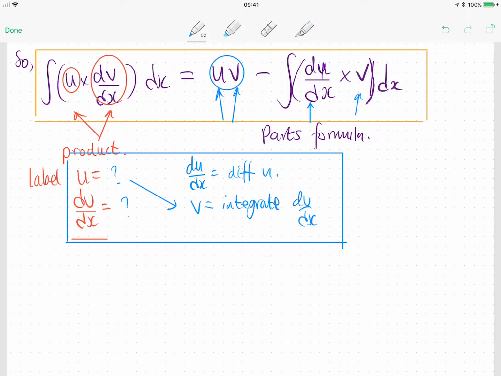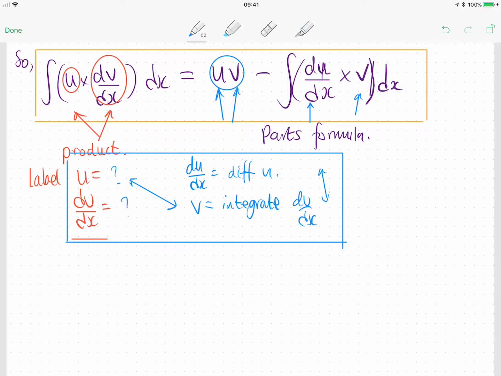Then you're taking away the integral of the two functions times together on the right hand side. So for me, it's just a nicer way to remember the formula. Just follow those two arrows, u times v, take away the integral of du dx times v.